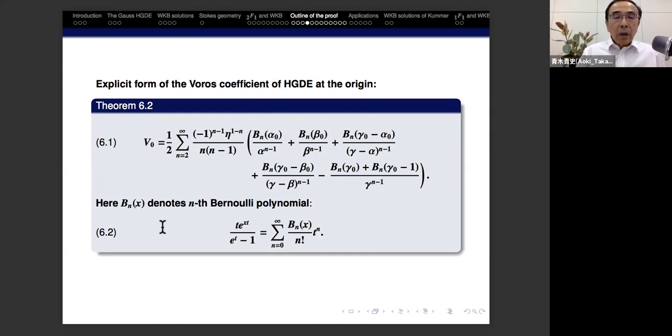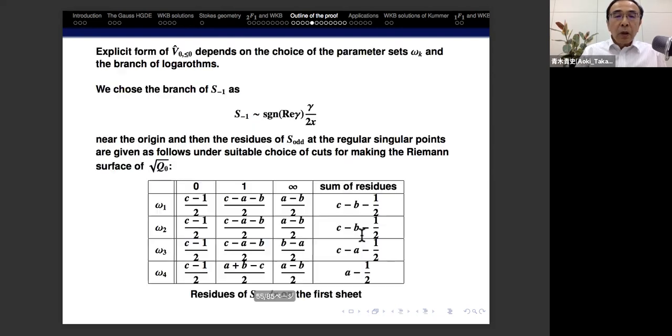Here, Bn is a Bernoulli polynomial. An explicit form of the additional term is somewhat messy, but we can compute this explicitly by looking carefully at the residue of S odd at each regular singular point.